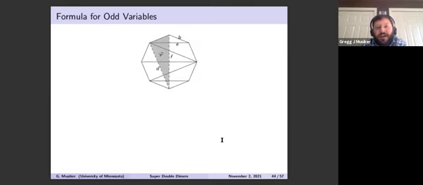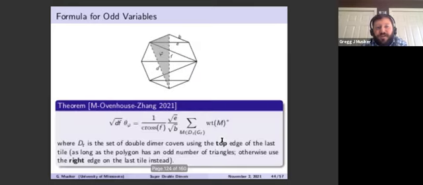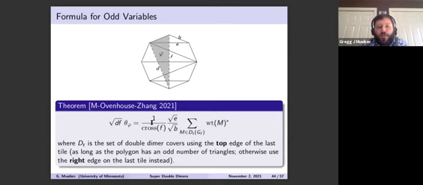And so with that in mind, the formula for odd variables can be written in this form. It's a little more complicated than we would have wanted, but this is the simplest and most compact we could get it. The left-hand side is the mu invariant multiplied by the square root of 2 super lambda lengths. D in general would also be a super lambda length that's not in the original triangulation.